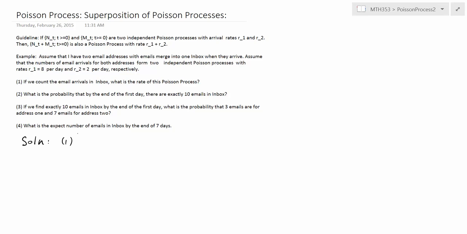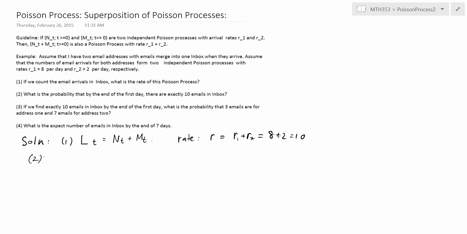So let me call this new Poisson process L(t), and that's going to be N(t) plus M(t). And then its rate, let me call it lambda, is going to be lambda 1 plus lambda 2, and that's 8 plus 2, which is 10. It's easy to understand, and that's 10 emails per day when they merge together. Okay.